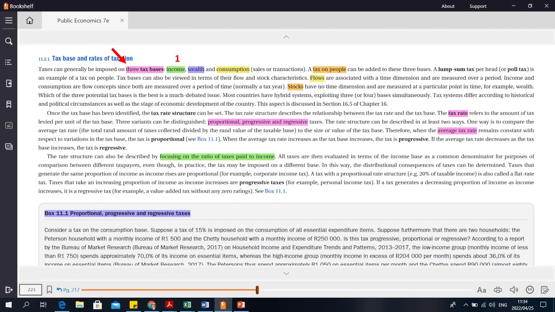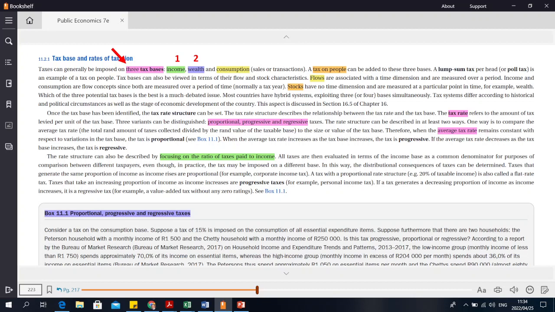So we have personal income tax and we have corporate income tax. So the income that we as workers earn is taxed at a certain rate depending on how much the income is. So we have a proportional income tax system. But the government can also tax wealth.